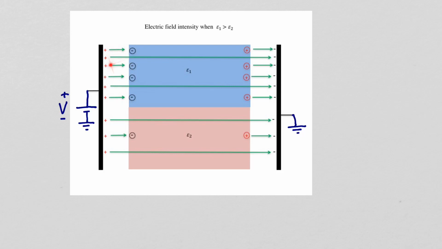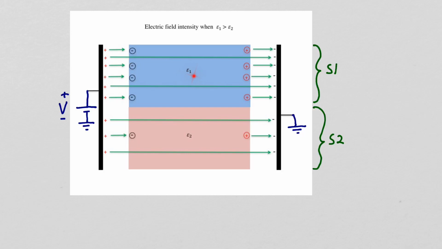In reality, there's no gap here. For simplicity, I've drawn the figures such that the cross-sectional areas of the two dielectrics is the same. To indicate the same electric field intensities in the two materials, I do that with the same number of electric field lines in the two materials.